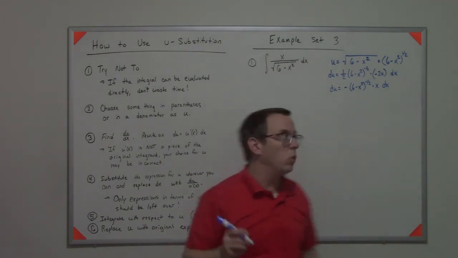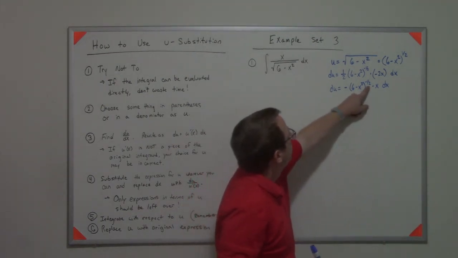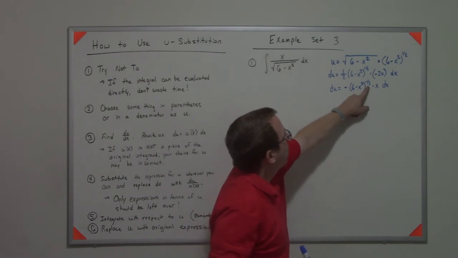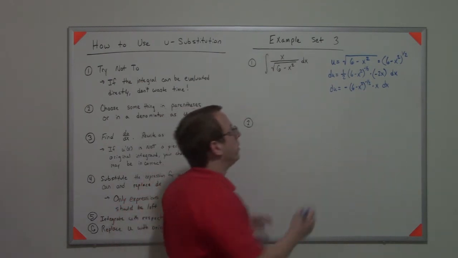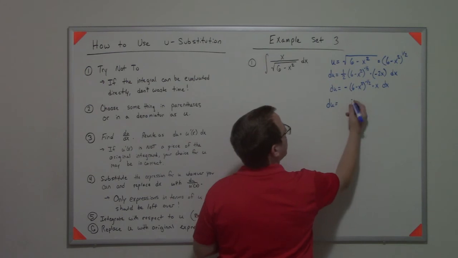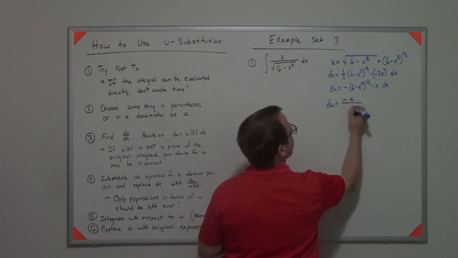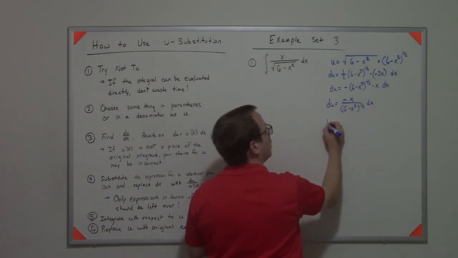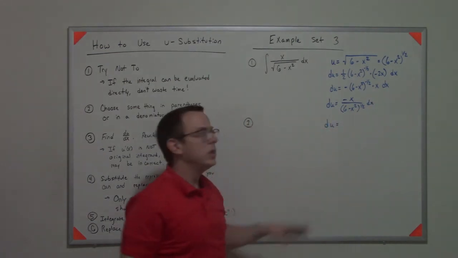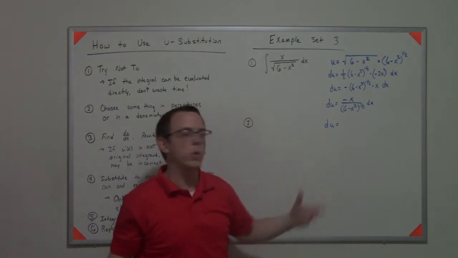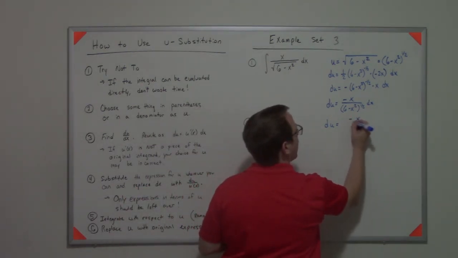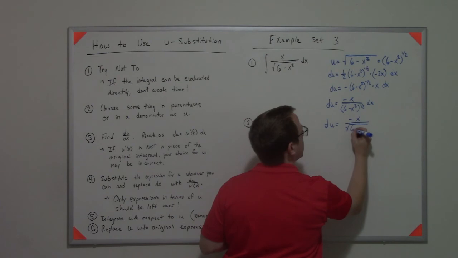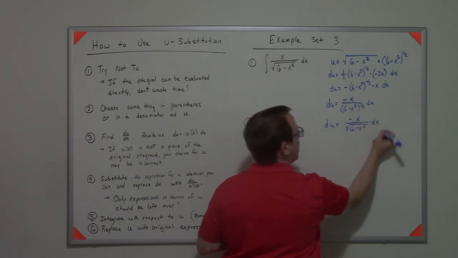And then when I have this negative 1/2 power, well, that's 1 over that. So I'm going to say du is negative x over 6 minus x squared to the 1/2 dx. But 6 minus x squared to the 1/2, that's a square root. So I end up with negative x over square root of 6 minus x squared dx.